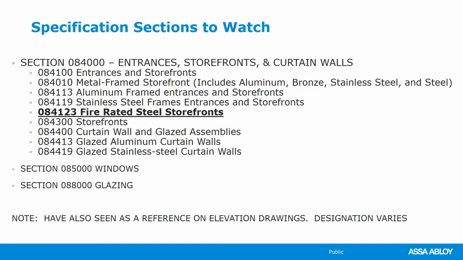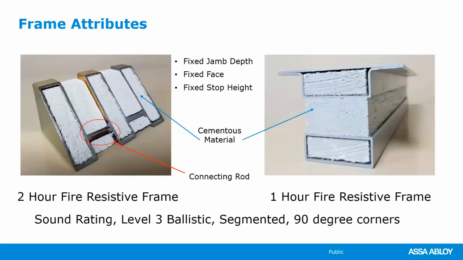Even if the spec says the architect wants an ASTM E119 or UL 263 product, the cross sections on the drawings may appear to be a hollow metal frame, which is not what most fire resistive product framing appears to be.